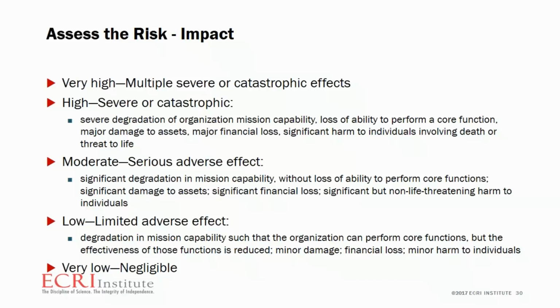Then we'd go up to moderate impact, which would be significant effects, or in a patient safety scenario would be non-life-threatening harm. And then you go up to high, which would be severe degradation. This could be loss of core function. This could be ransomware taking down the data center, or like a death or a threat to life. And very high would be multiple high impacts.